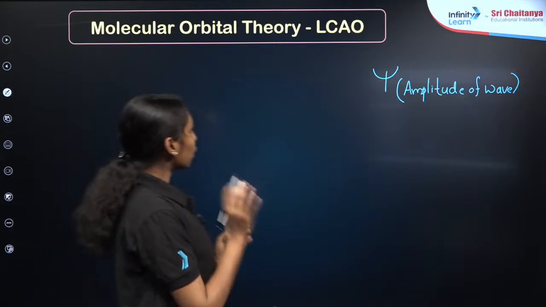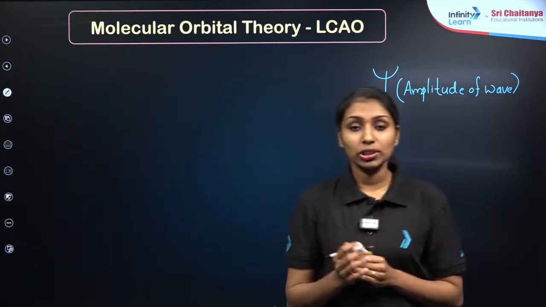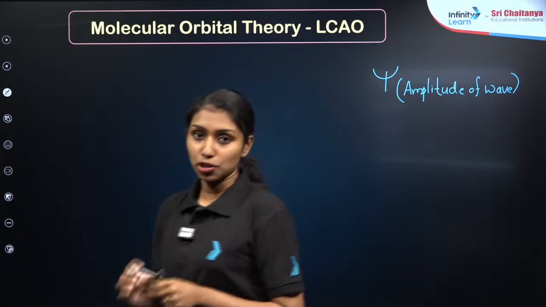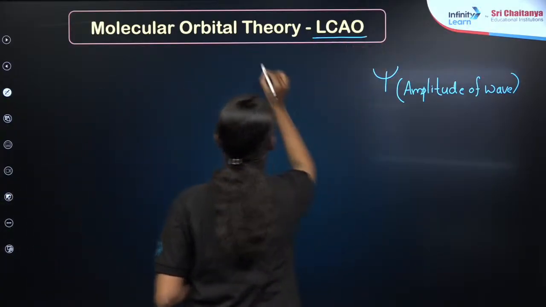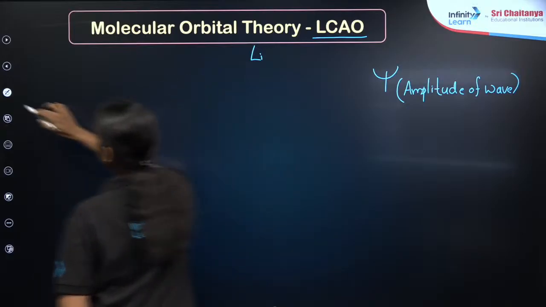So we propose a new concept: the linear combination of atomic orbitals, represented as LCAO.